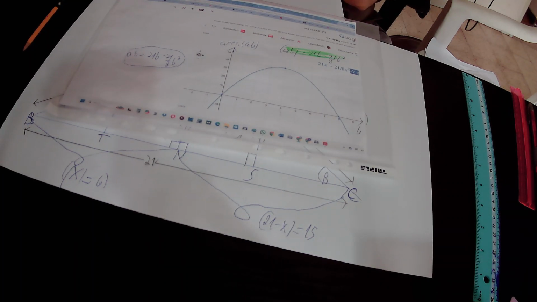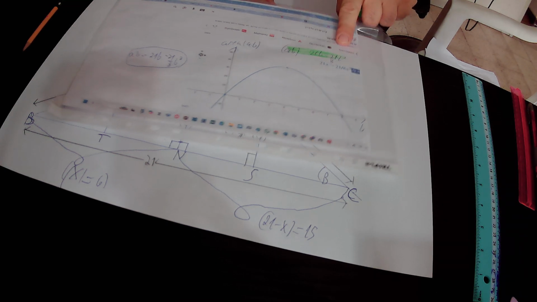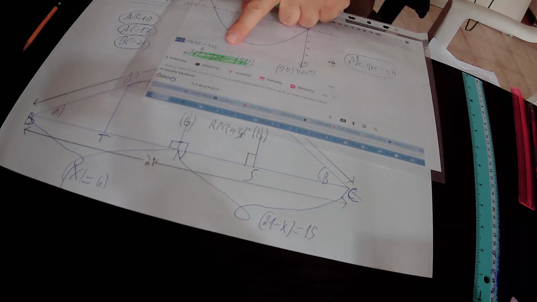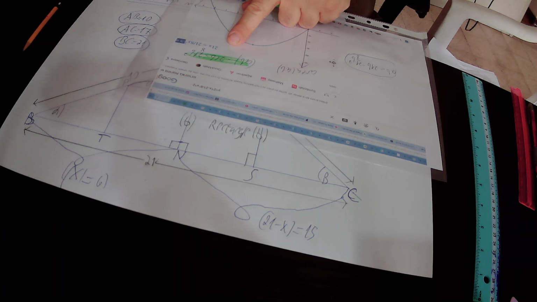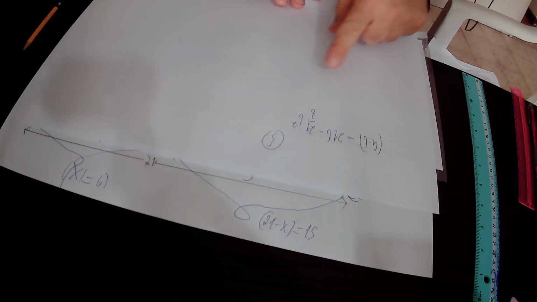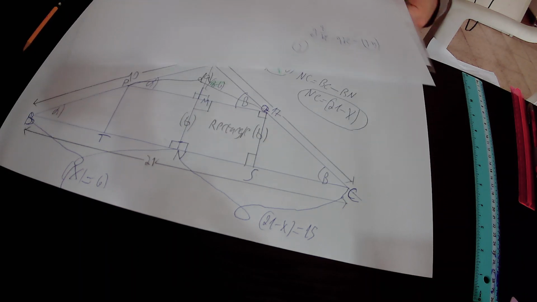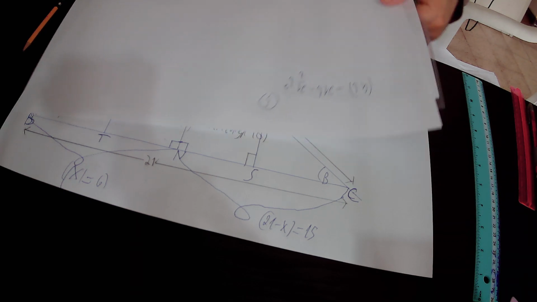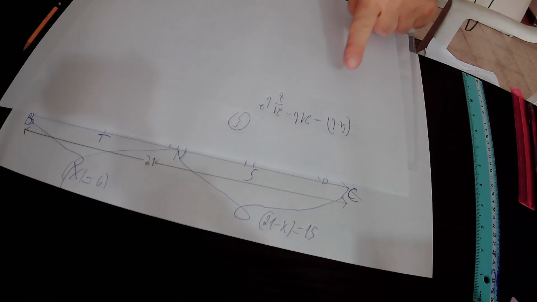The area is a times b, of course, the width times the length, and it is equal to 21b minus 21 over 8 b squared. So this is the area function of rectangle PQST, when b is the width and a is the length.